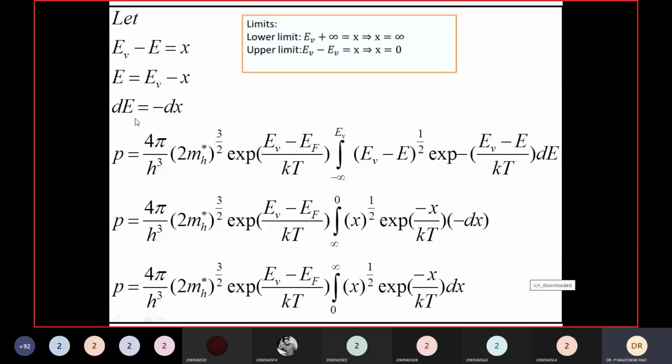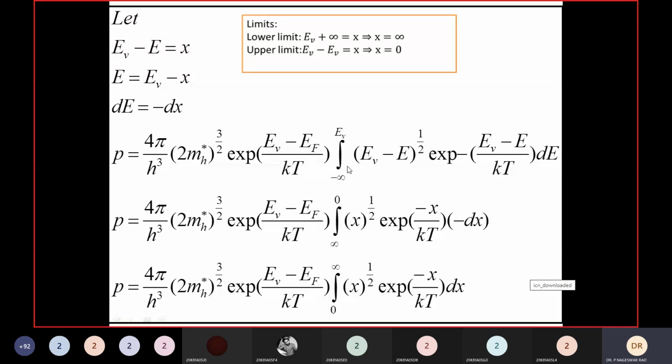Previously, the lower limit is minus infinity.